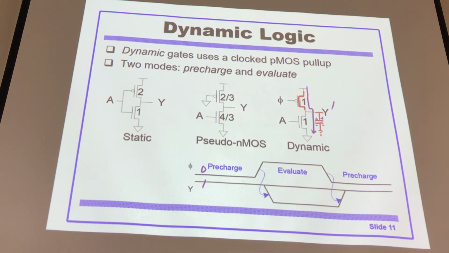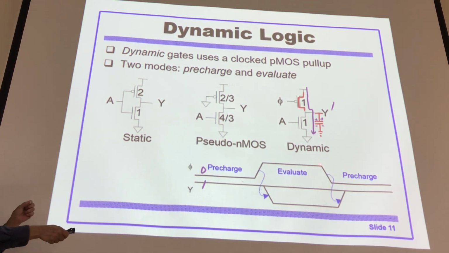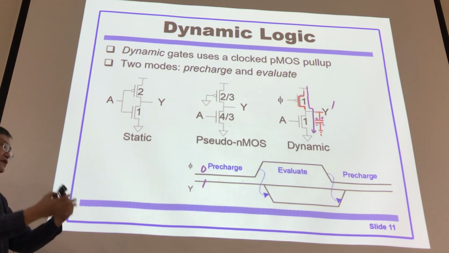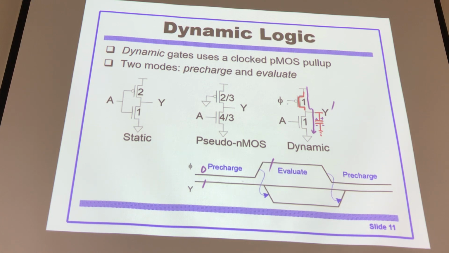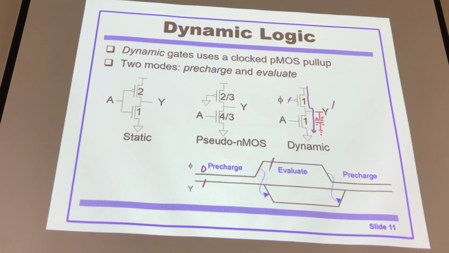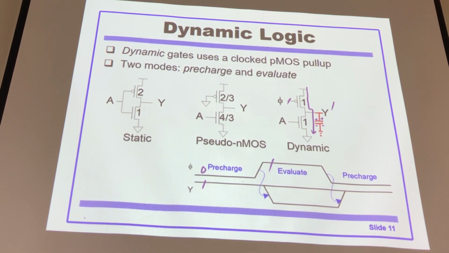After that, the clock signal goes to high. You enter the evaluate phase. And then what? When the clock signal is high, then the PMOS transistor will be off.